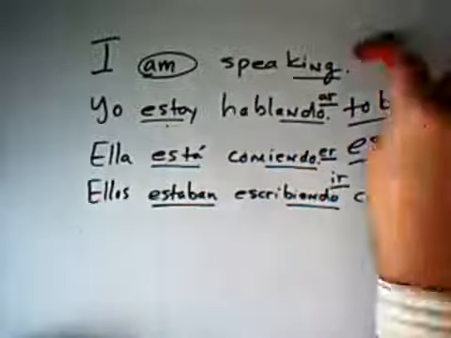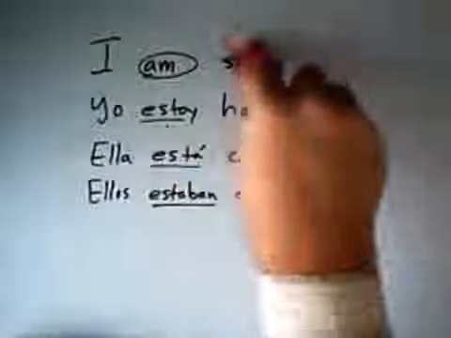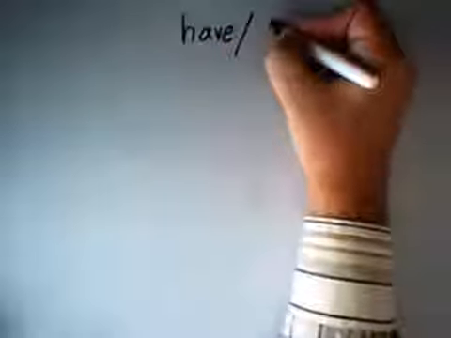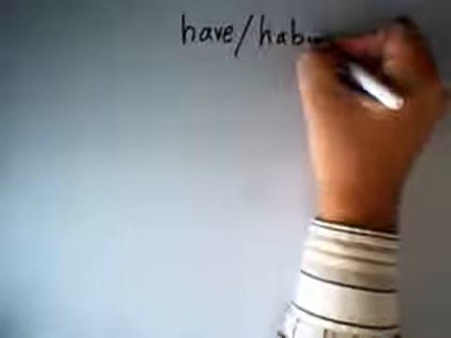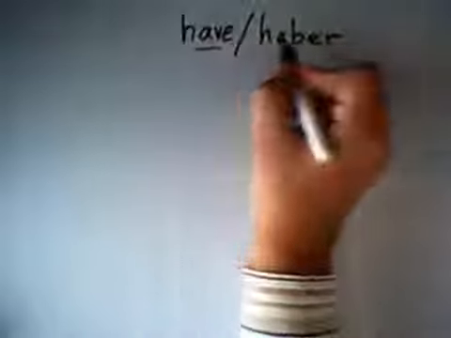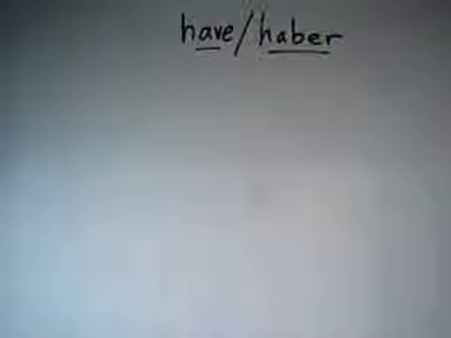So quickly, I'm going to move on to another auxiliary verb that we use in English and in Spanish to form compound tenses, and that would be the form of the verb to have as an auxiliary verb in English, and its equivalent in forming compound tenses in Spanish, haber. All right, so let's look at some examples in English first.